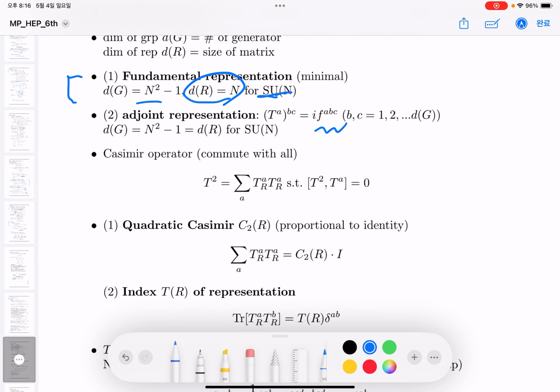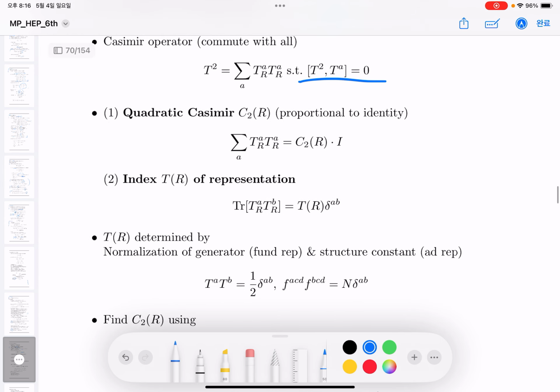And we can find the Casimir operator, which commutes with the generator operators, T squared. The quadratic Casimir is defined as the proportional coefficient for such a Casimir operator, and the index of the representation is defined as the trace of such a form.